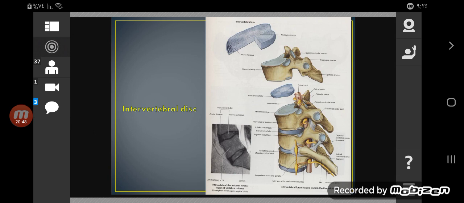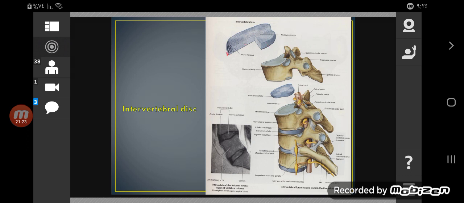But I would like to tell more about the intervertebral disc because this is a very important structure between two adjoining bodies. The intervertebral disc is fibrocartilaginous, but the disc consists of two parts.